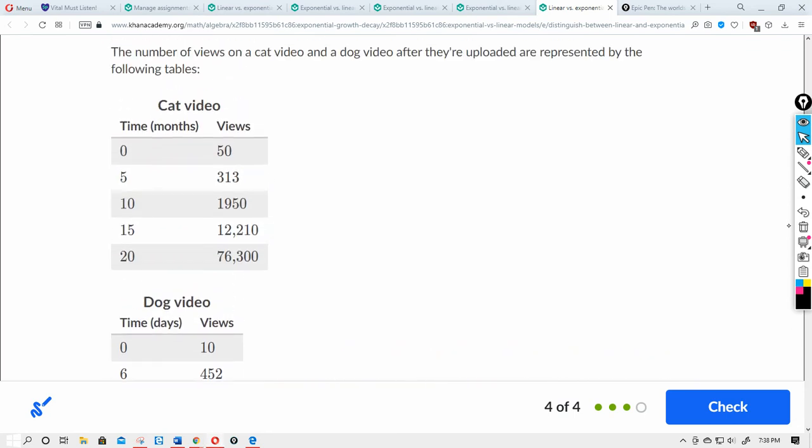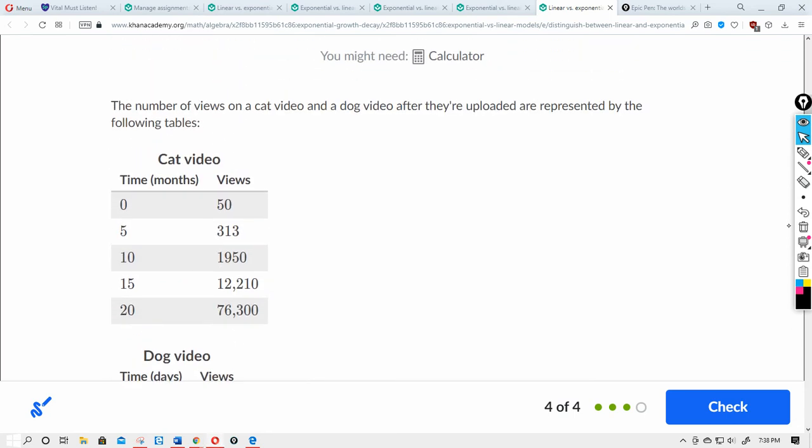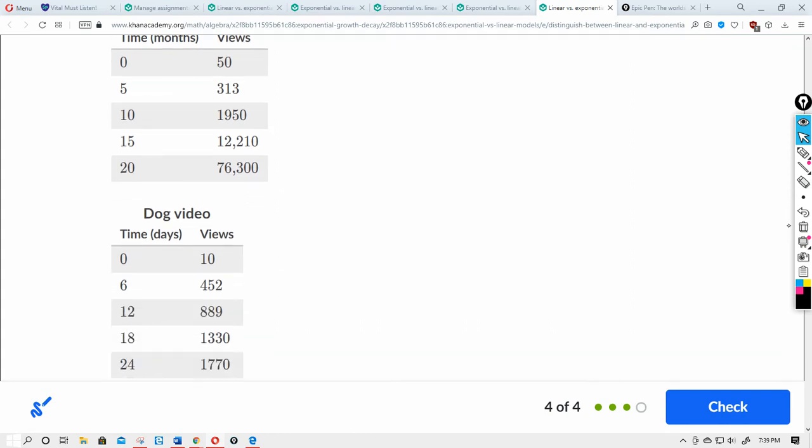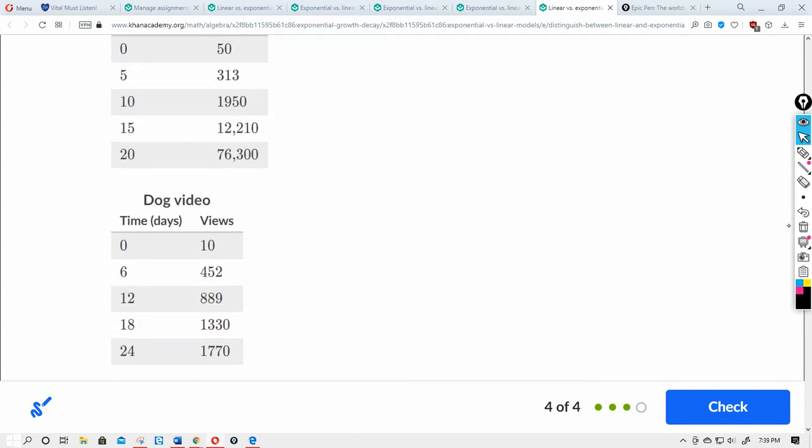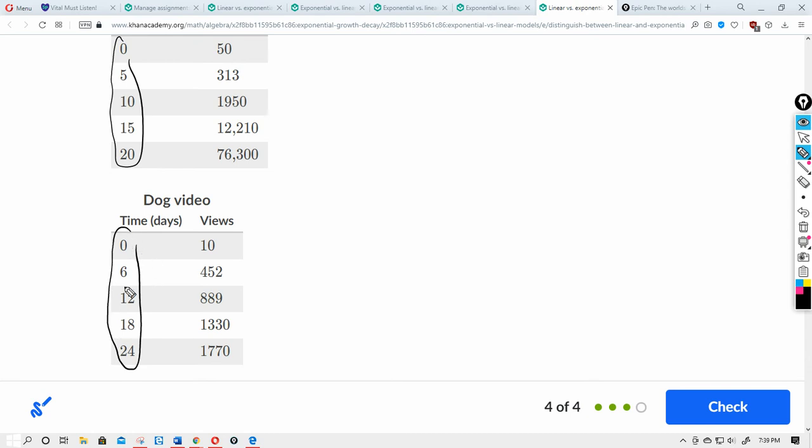All right, another exponential versus linear. All right, I think in the x column, it's always going to go up by the same amount each time. You can double check it if you want. This one obviously counts by 5. This one counts by 6, so we don't have to worry about that.